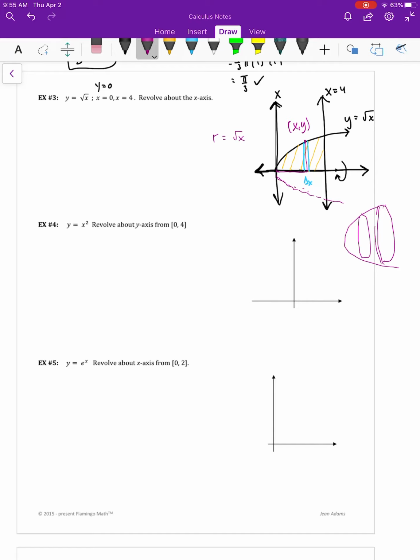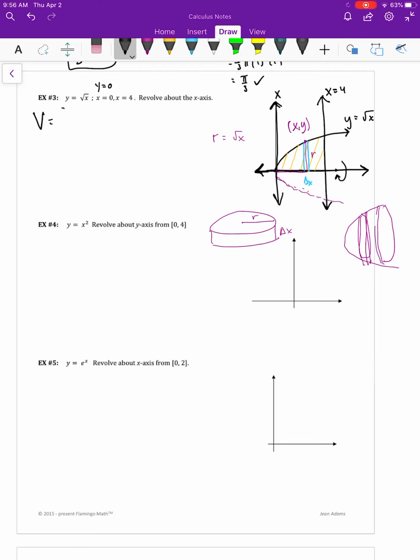So this representative rectangle is the little piece, like if I just sliced it right here, that bullet, this piece right here is the representative rectangle, and this right here would be that r. And so delta x is the height. So pi r squared times the height.